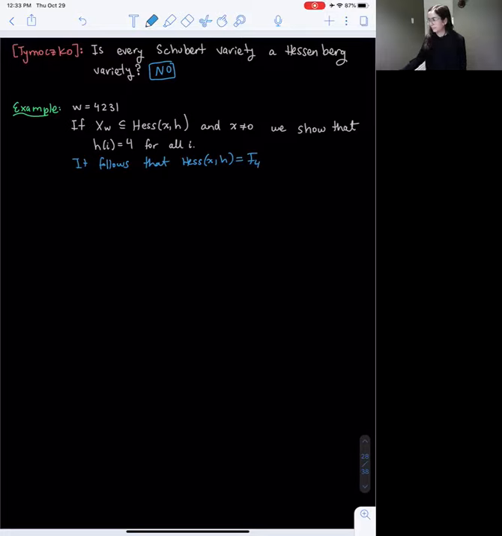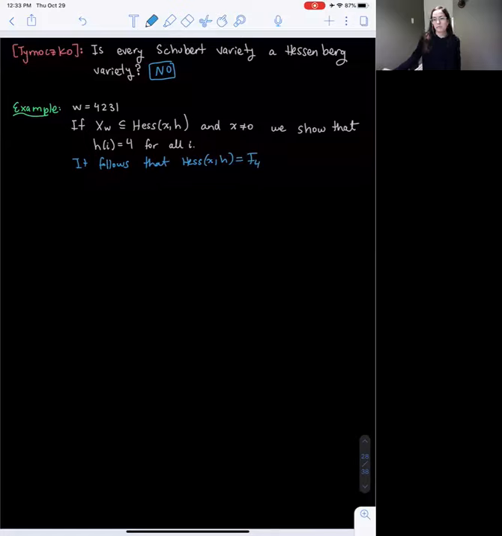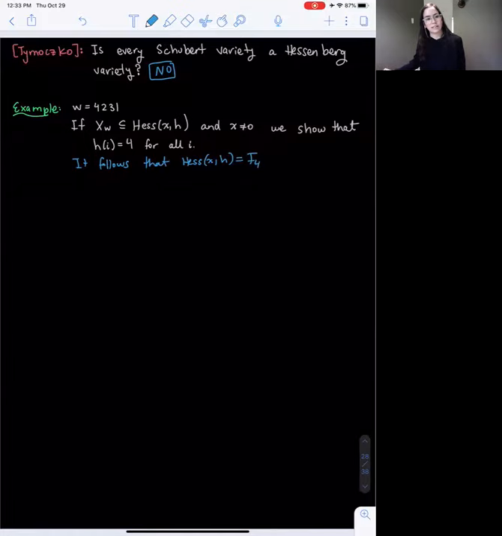After having this example, it's natural to think about pattern avoidance, because remember that theorem I told you about smooth Schubert varieties. This is one of the patterns that you want to avoid for a Schubert variety to be smooth.